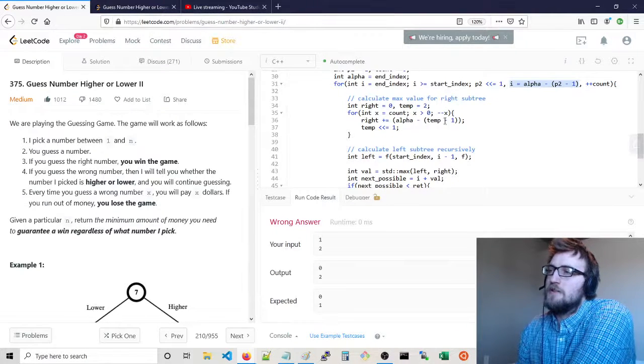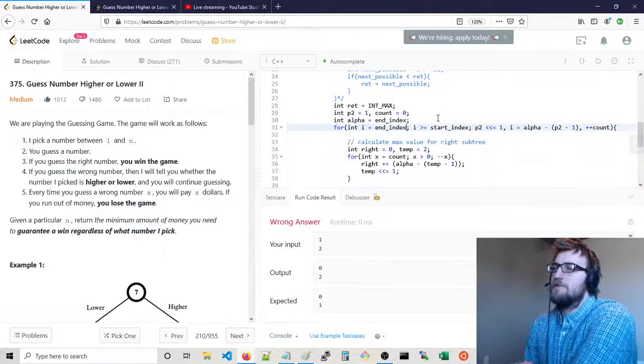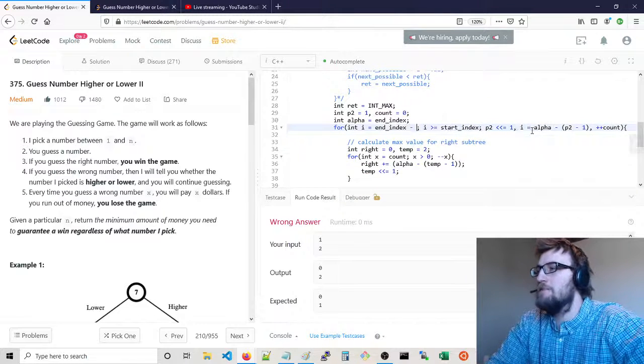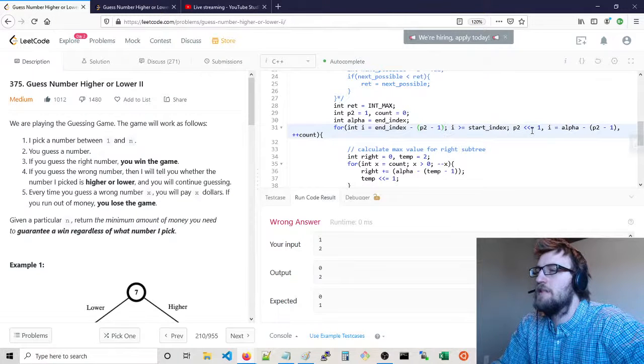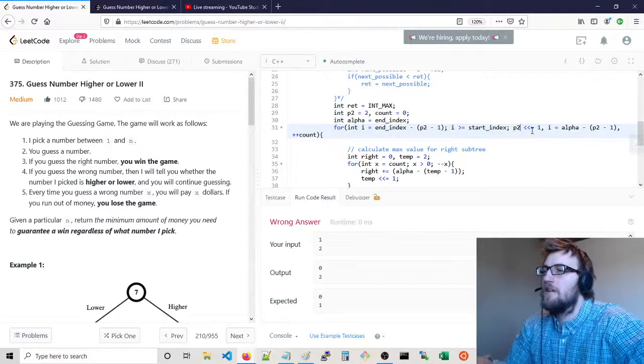I is actually initially, you start off at P2 minus 1, I want to say. And then, so P2 really should start off at 2. That's kind of what we're saying here. Yeah. Pretty much. Something like that.